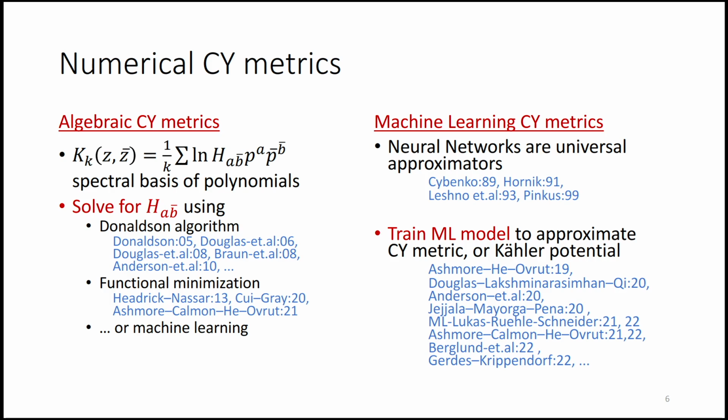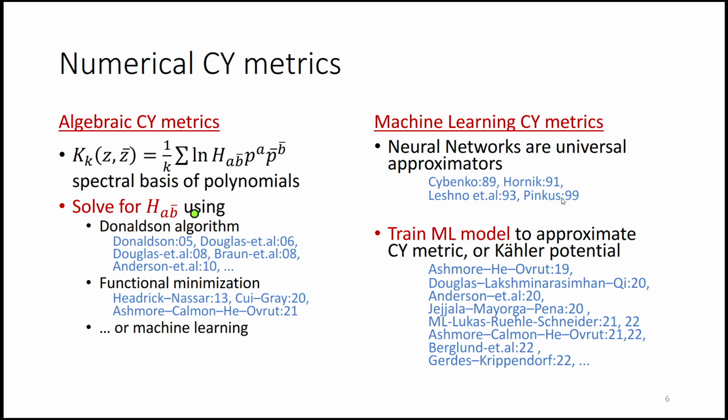The first methods were based on Tian's realization that approximations of Calabi Yau metrics can be given by algebraic metrics, where you expand the Kähler potential of this metric in terms of a basis of polynomials of a certain degree. If you take the degree of these polynomials to infinity, then you get a complete basis, so you get an exact expression for the Calabi Yau metric.